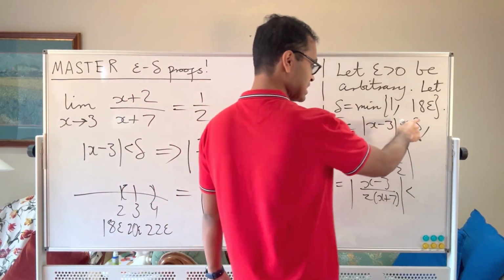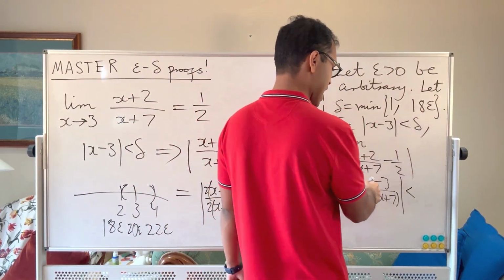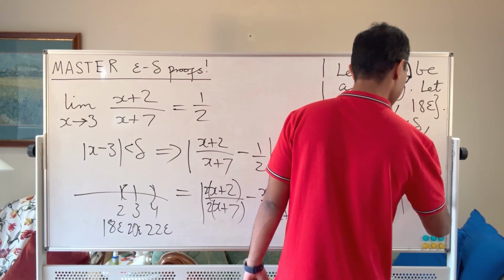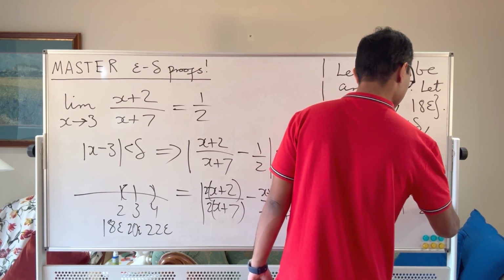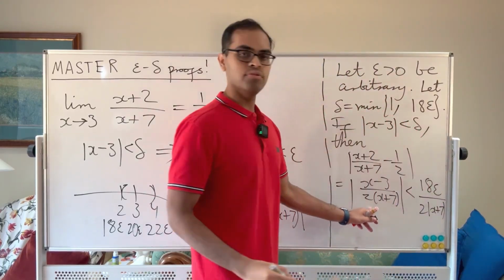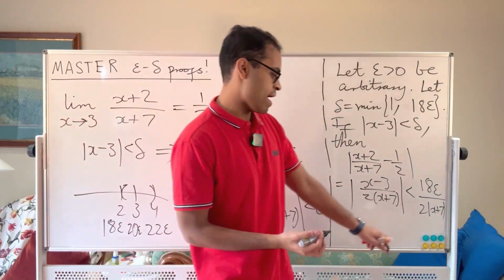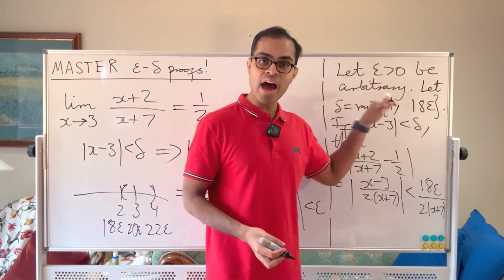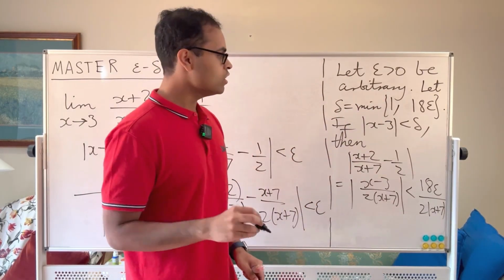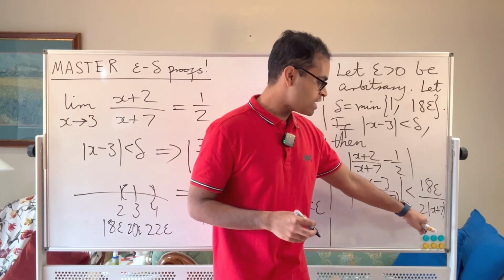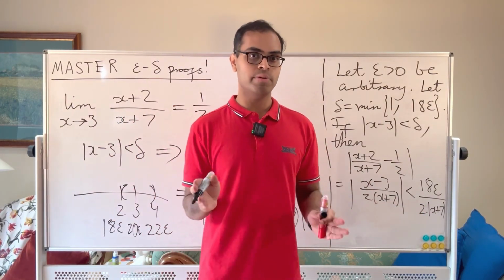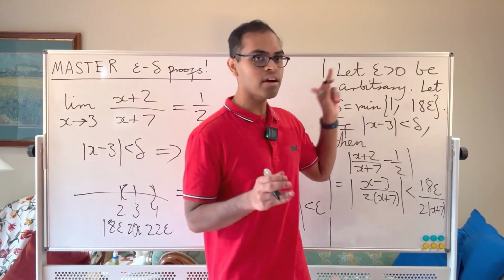Because it's less than 18 epsilon, we can say the absolute value of x minus 3 is less than 18 epsilon, divided by 2 times the absolute value of x plus 7. The absolute value of 2 is 2, so I just took that out. But now, because delta is a minimum of 1 and 18 epsilon, using the 1, we know x plus 7 is going to be at its smallest when x is within 1 of 3.